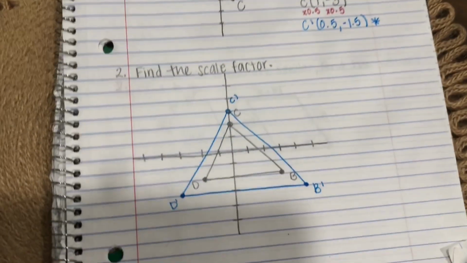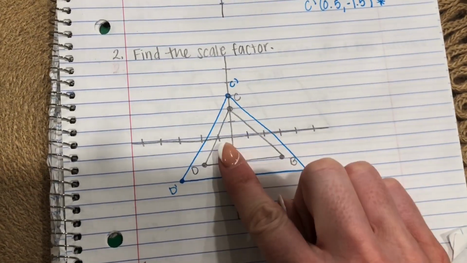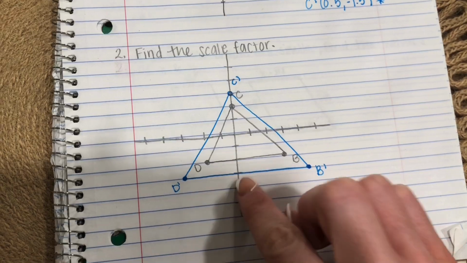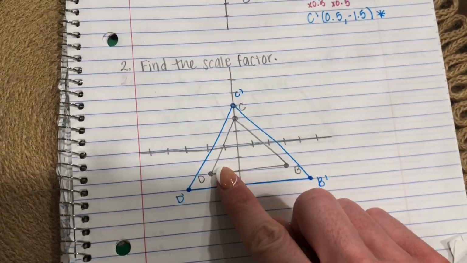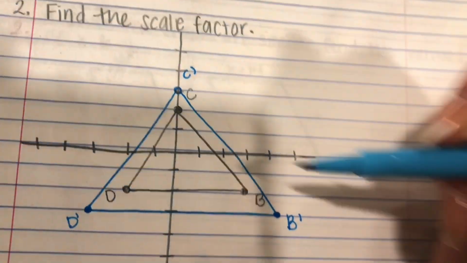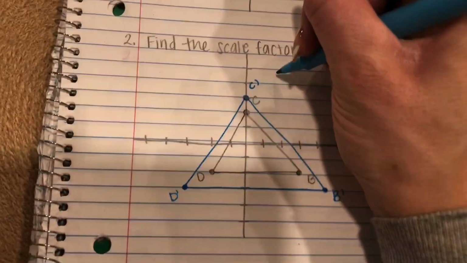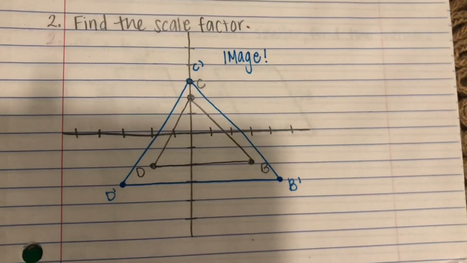So now finding the scale factor. When you're asked to find the scale factor, you're given both the pre-image and the image. So in this case, remember the one that has the prime on it, that's how we know that is the image. That's the new one.